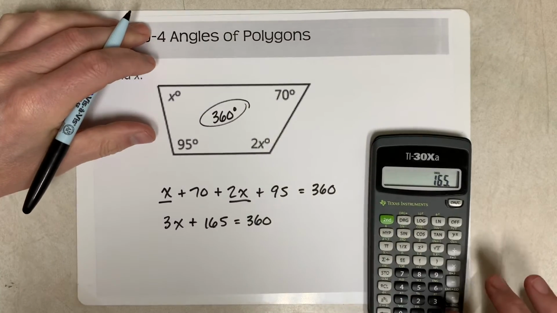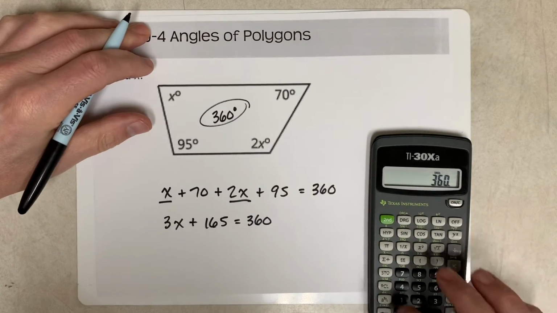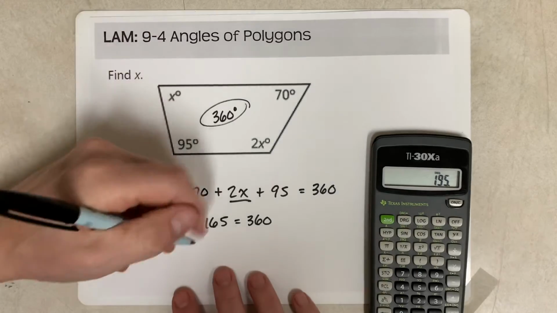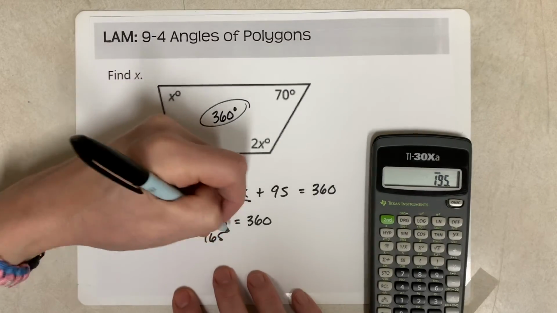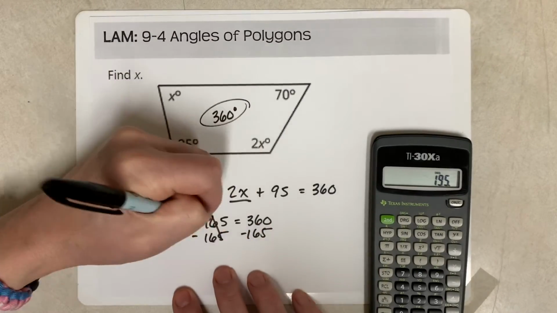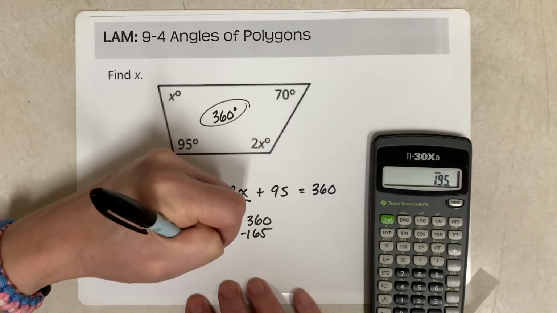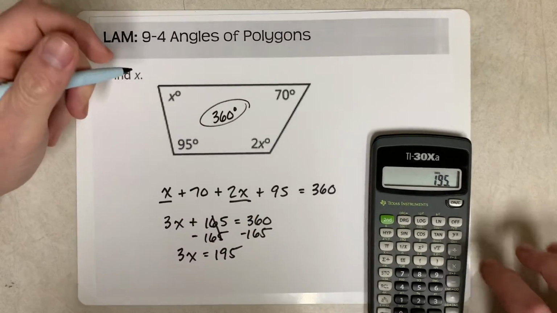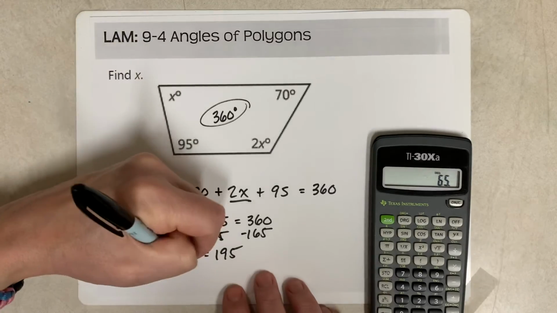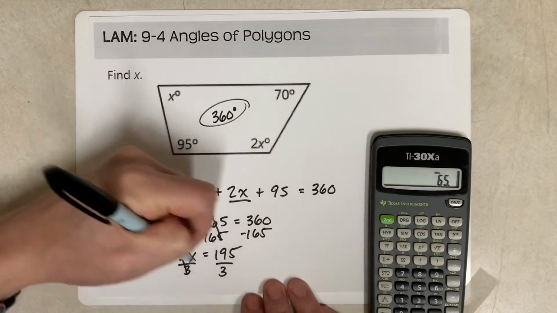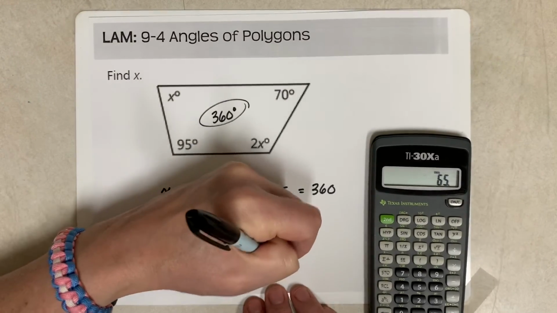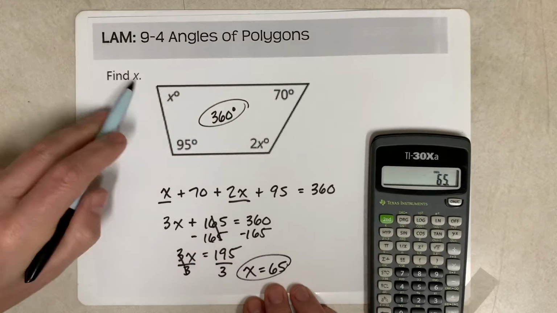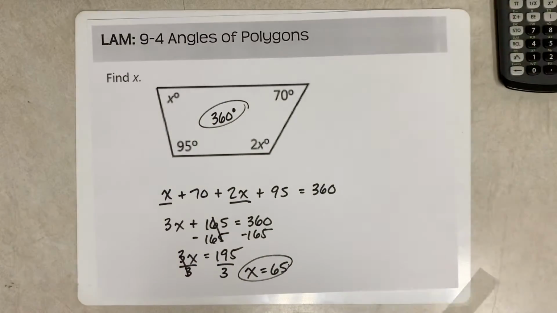All right, so let's take 360 now and subtract 165, and we get 195. So 3x is equal to 195. Now let's divide by 3. And we get x equals 65. And that's what it's asking for, so we're good.